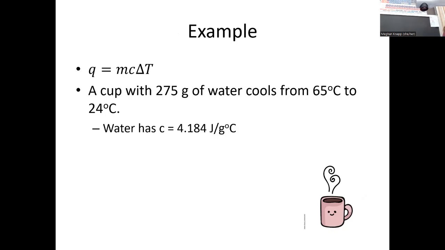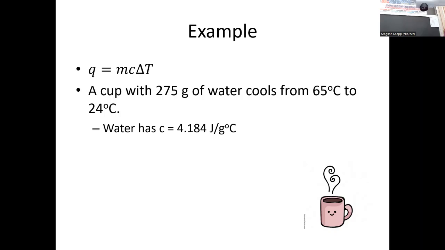It starts out at 65 degrees Celsius and it cools down to 24 degrees Celsius. We know from our table, if we look back on the table, not because we memorized it or can somehow divine it, water has a heat capacity of 4.184 joules for every gram and every degree Celsius.